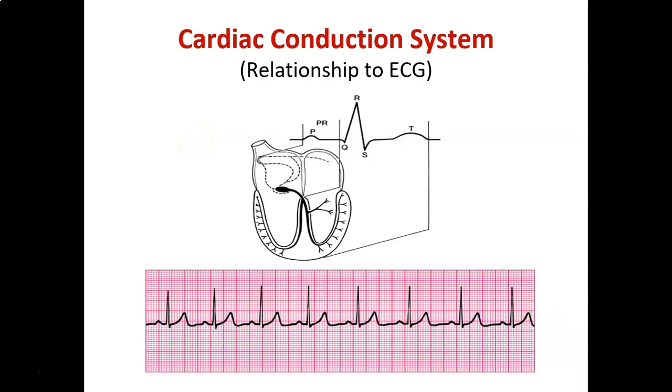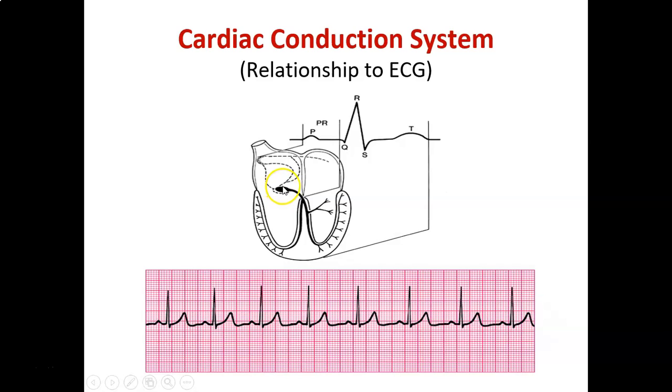Okay, so let's review once again the normal conduction system and the ECG complexes produced by the flow of electricity in the heart. When the electricity originates from the SA node, it travels across both the atria and reaches the AV node, and we get the P wave. Then the electricity stays here for some time, we get the PR interval.